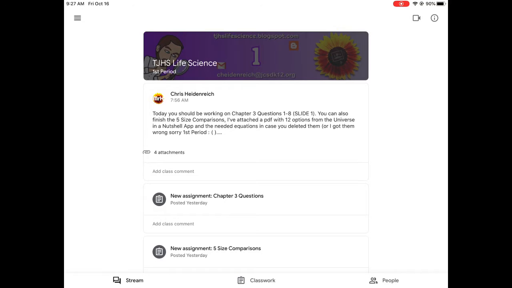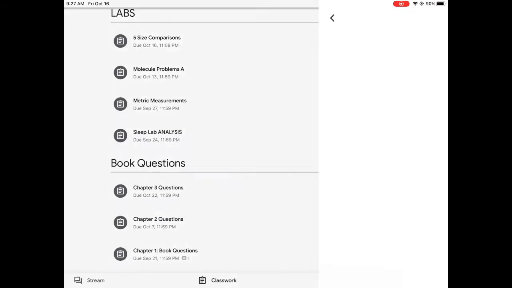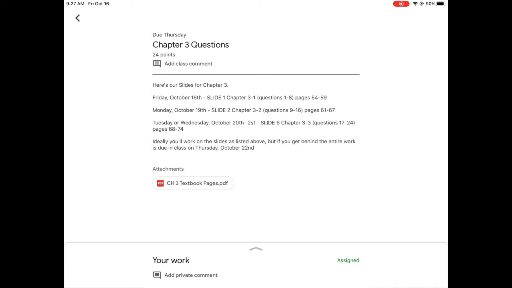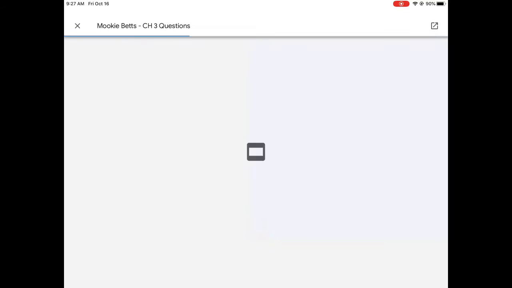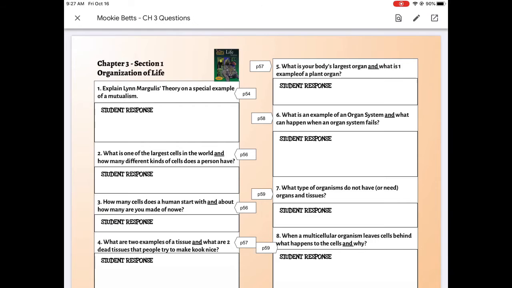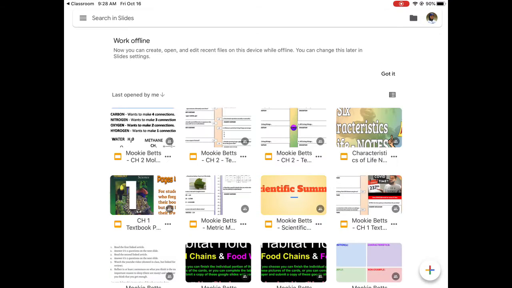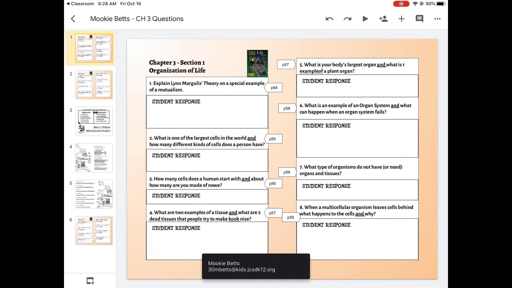So we have the bookwork, and it's Chapter 3. We have the book pages there if you need them, and your slideshow. Remember, when we open things in slides, we're not actually open yet, so you want to open that in Google Slides, the app, and that allows you to split screen with the book pages if you want.